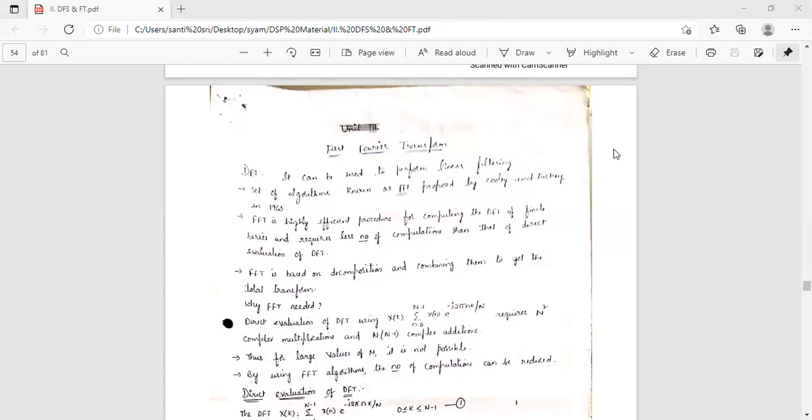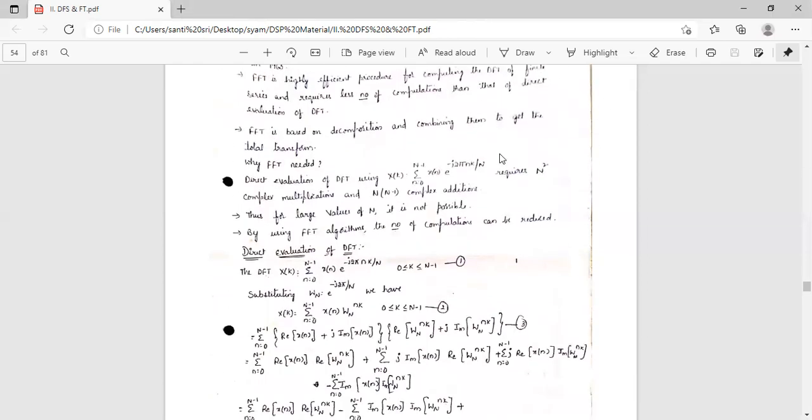Okay, so why is this FFT needed? The direct evaluation of DFT using X of k equals sigma n equal 0 to N minus 1 x of n into e power minus j 2 pi n k by N requires N square complex multiplications and N into N minus 1 complex additions, right?